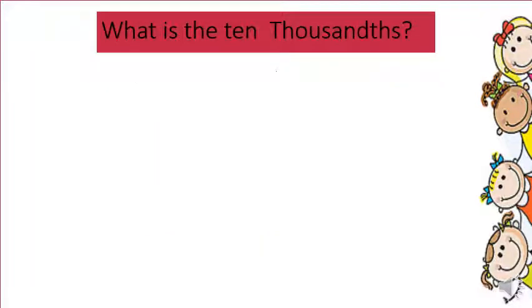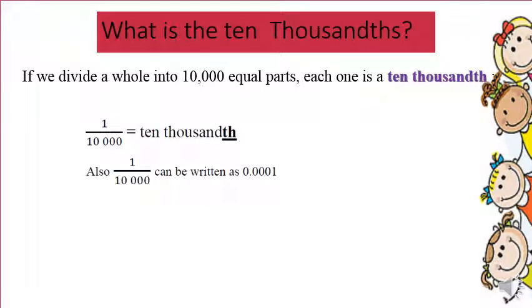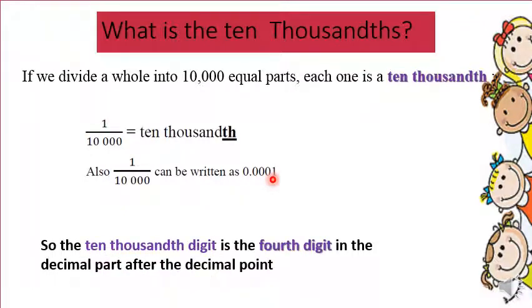And the last one is the ten-thousandth. Ten-thousandth means 1 over 10,000. The fourth digit after the point is called the ten-thousandth.